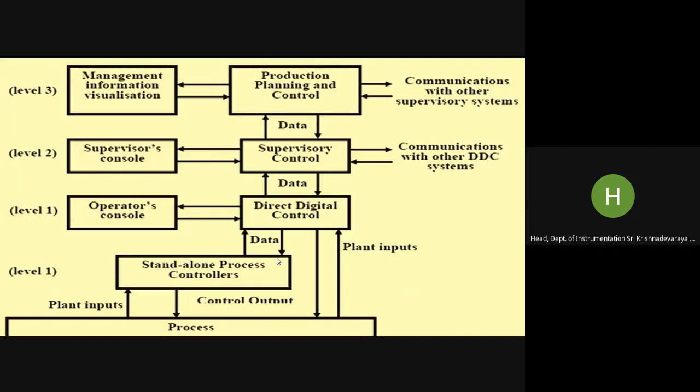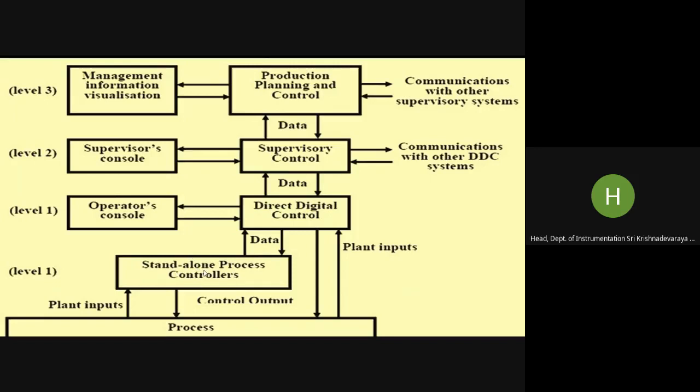If the process is small, you can have one PLC connected to it, a standalone process controller, a programmable logic controller, or a microcontroller based controller fixed to a particular unit operation, or a PID controller.